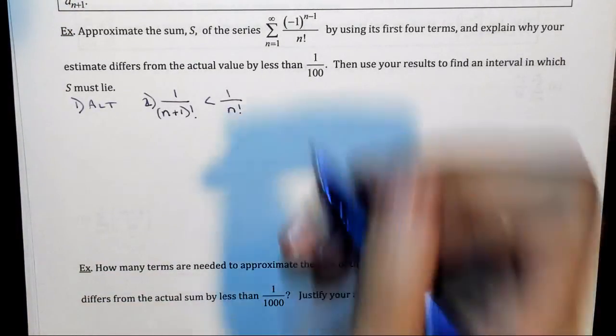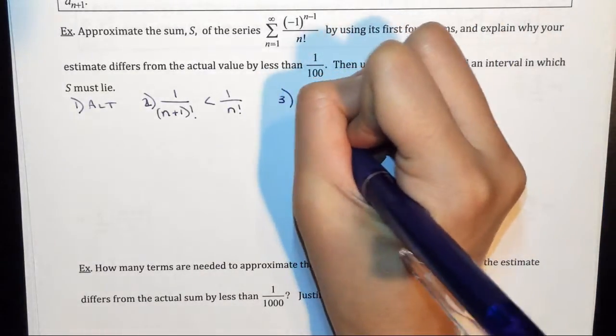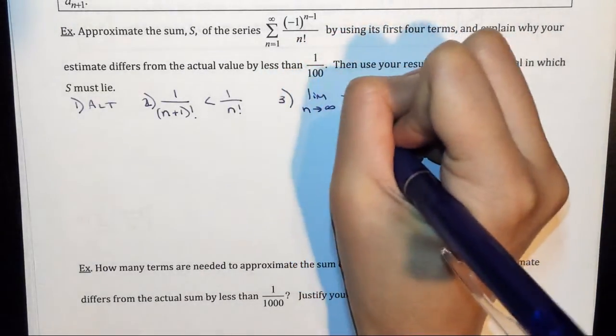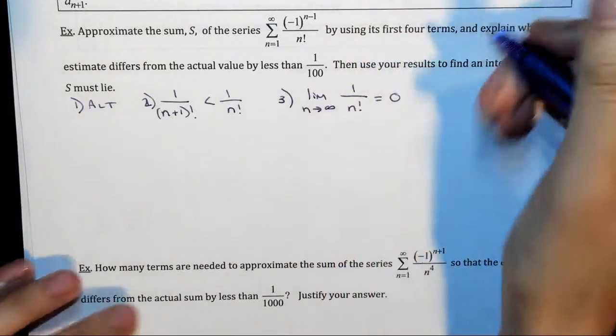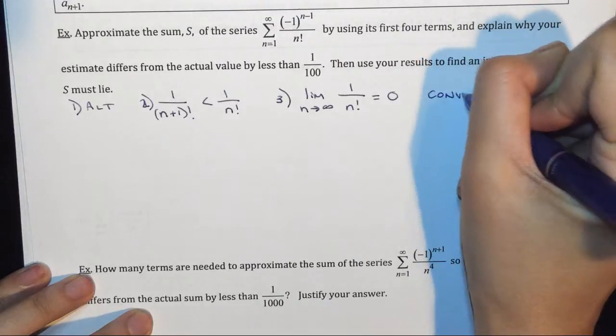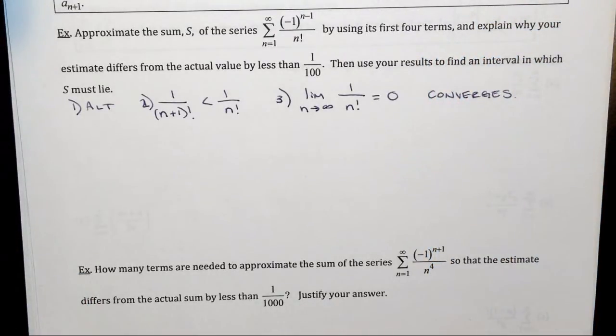And then we can also say that the limit as n goes to infinity of 1 over n factorial will go to 0. So it does converge by the alternating series test. Okay?